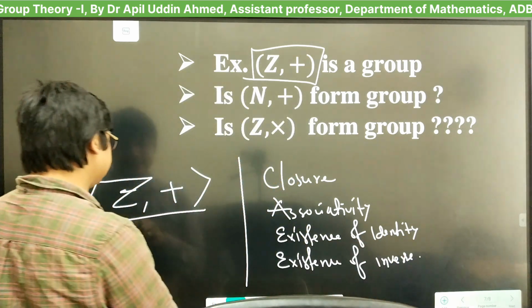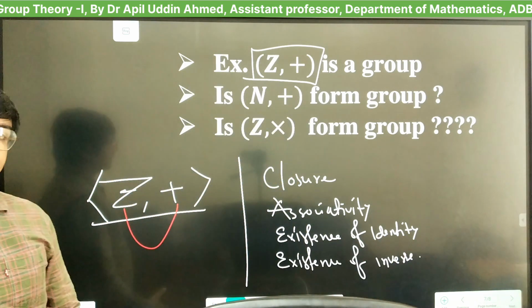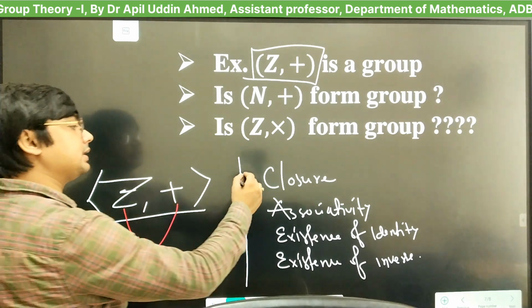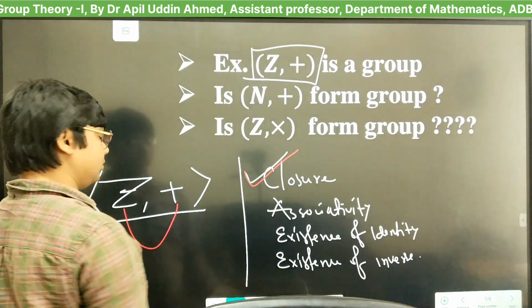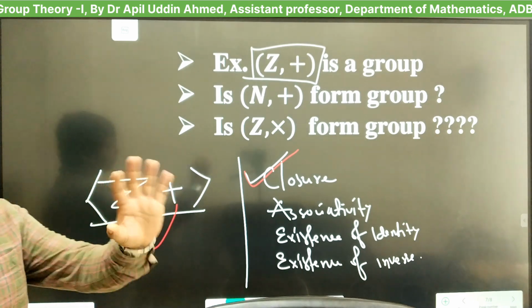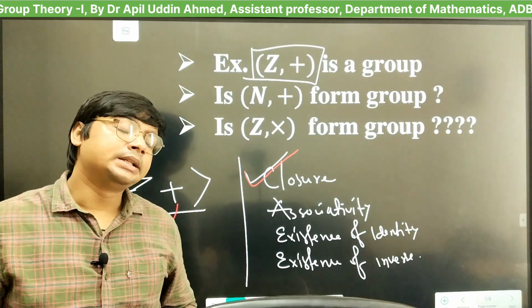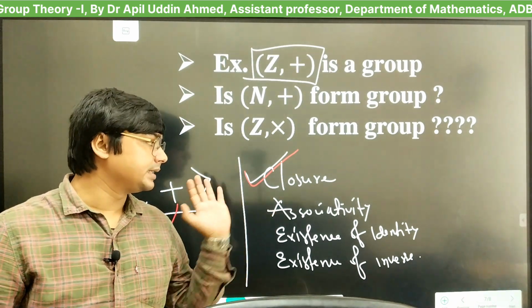So you check whether Z satisfies these properties or not. Obviously Z is closed with respect to addition, as we have already discussed. If we consider any two integers, then their sum is also an integer, that means it is closed.